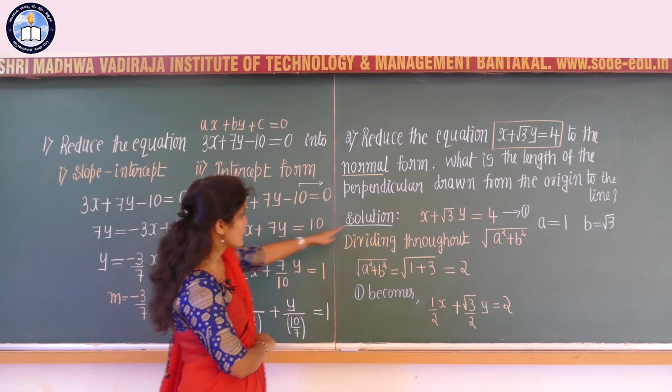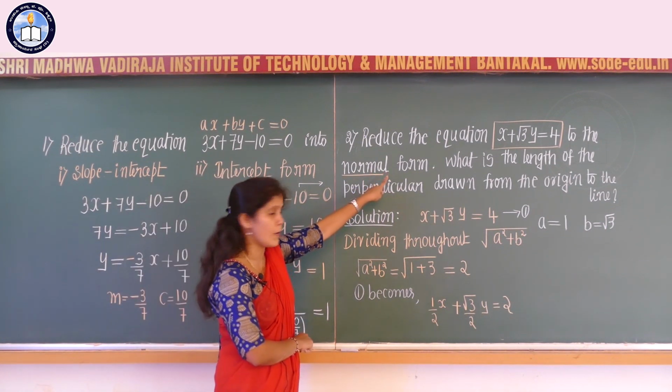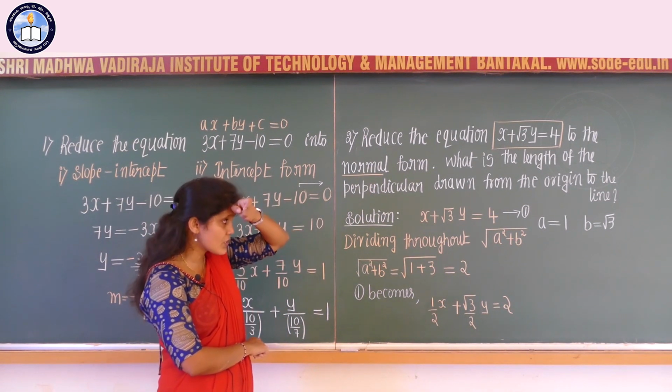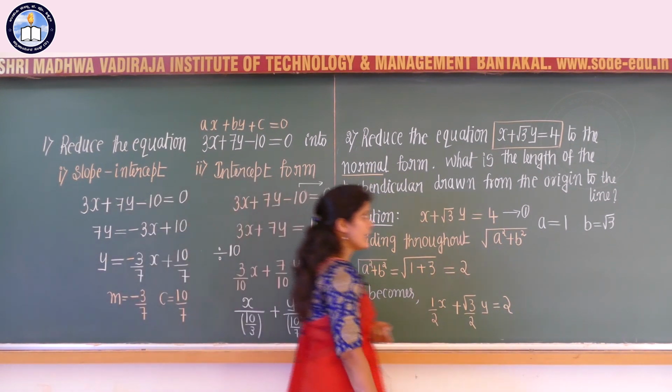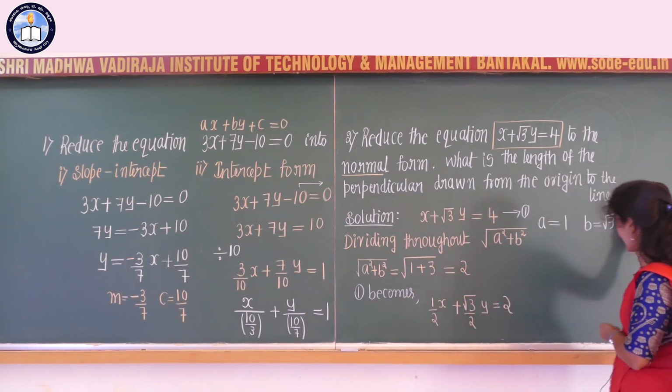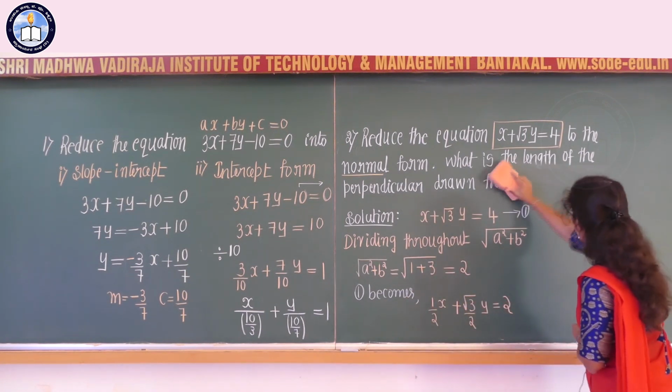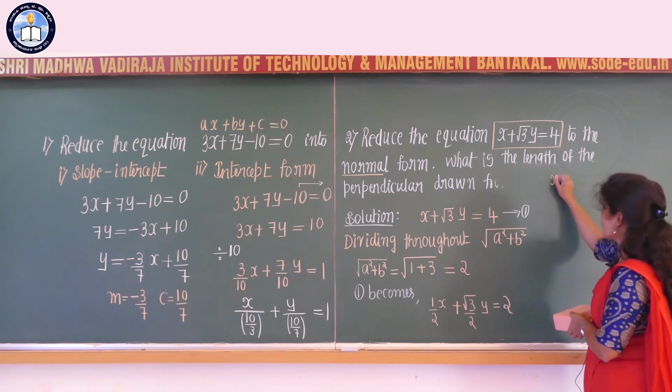And here we should reduce the equation into the normal form. What is meant by the normal form of the equation of a line? Let me write the normal form.